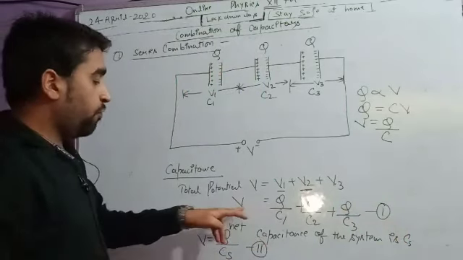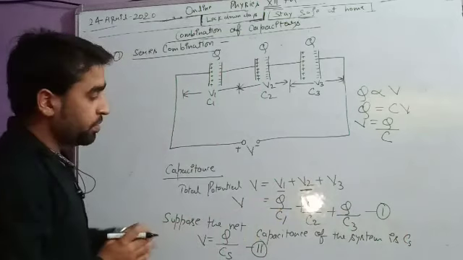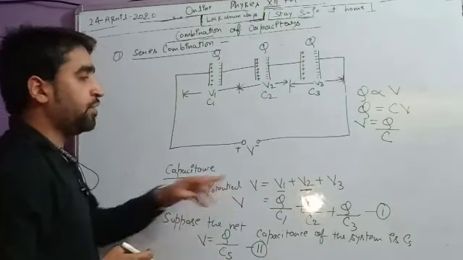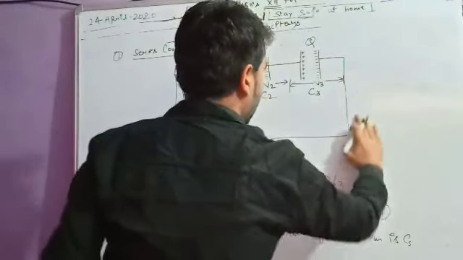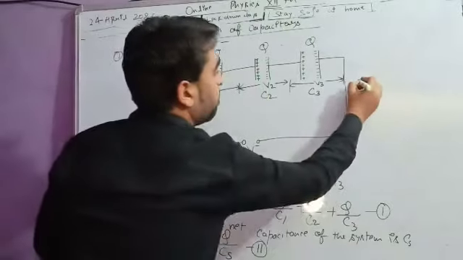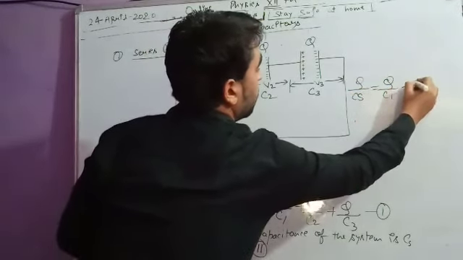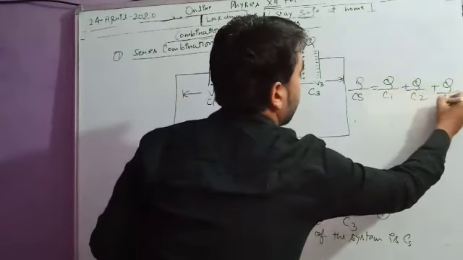Now students, if you compare both equations, the value of V should be equal for both. So let us substitute the value of V in equation 1. Then Q upon CS is equal to Q upon C1 plus Q upon C2 plus Q upon C3.